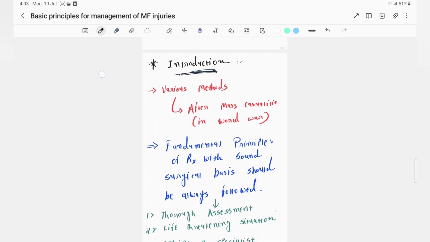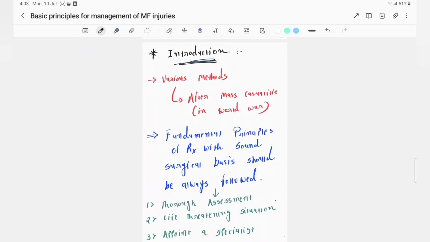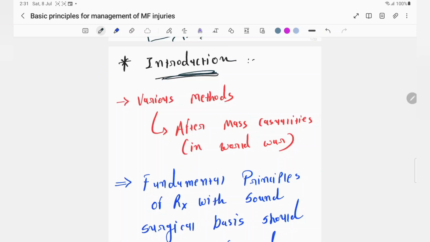Okay, now moving to the main topic, which is basic principles for management of maxillofacial injury. First we will start with the introduction. Before these basic principles were introduced in oral surgery, different methods were used by different doctors. There was no proper protocol which they had to follow, or any specific principles.